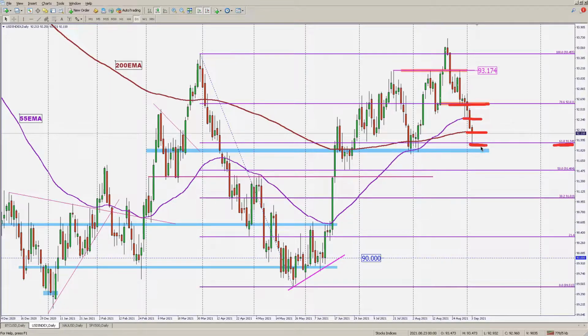So it did bounce back up somewhat. So we'll see if it's able to hold up in this area and find some support to consolidate within.